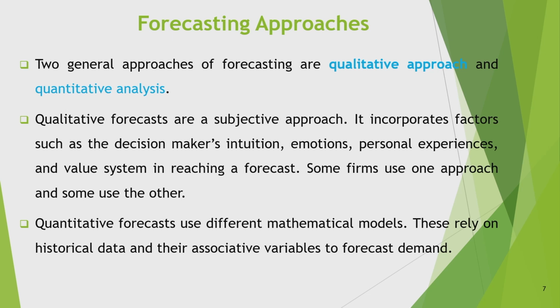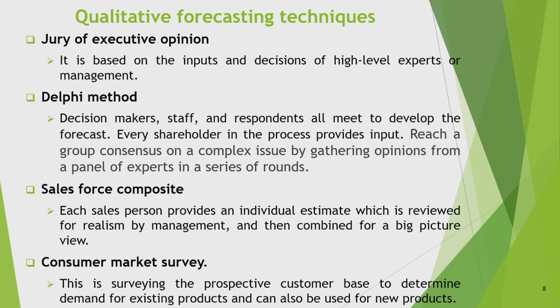Some firms use one approach and some use the other. Quantitative forecasts use different mathematical models. These rely on historical data and their associative variables to forecast demand. So, we will discuss more about quantitative forecast only, but let us just have a look at various qualitative forecasting techniques also, because they are also important.